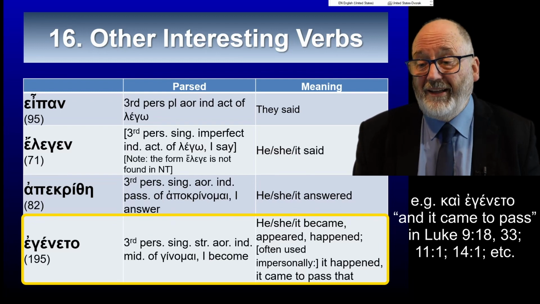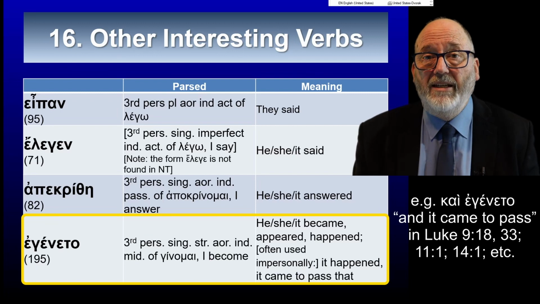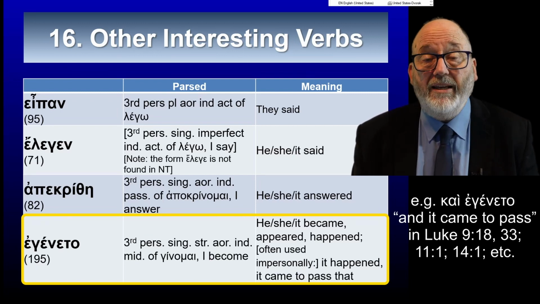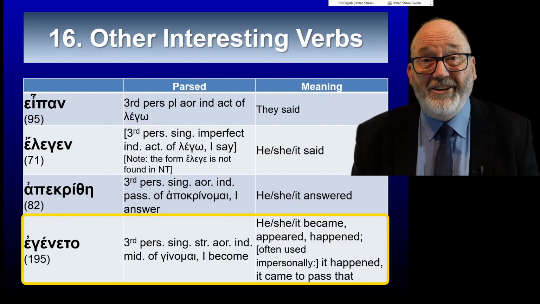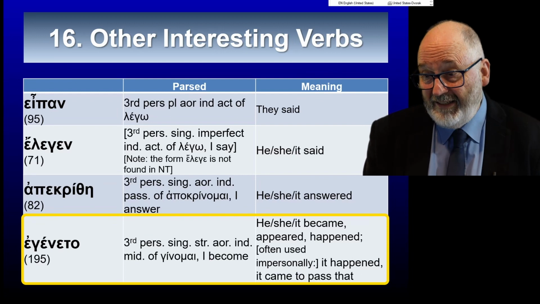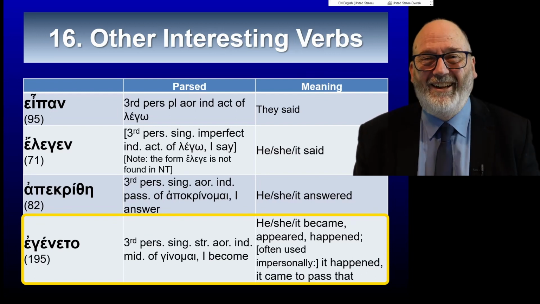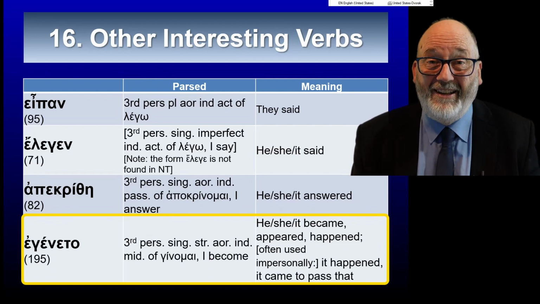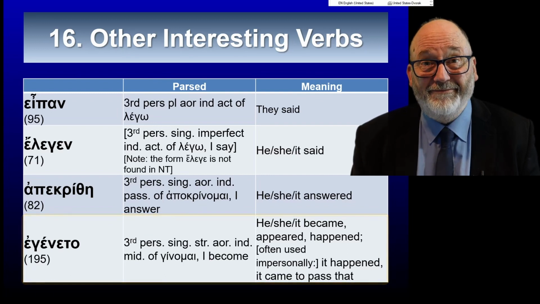But καὶ ἐγένετο, and it came to pass, or this happened next, is something that you'll find fairly frequently in the New Testament, and you'll see that ἐγένετο itself is found 195 times. And not only that, it is, as it says there, a strong aorist indicative. And this means, as you know, that it's actually irregular. It's used often enough that it would be worthwhile learning it now.